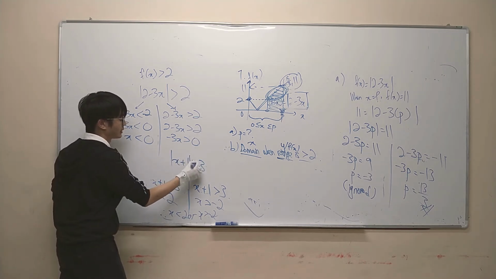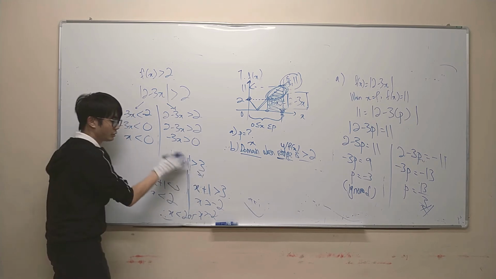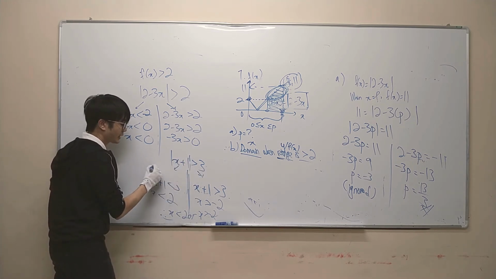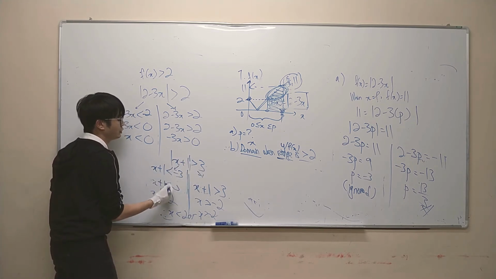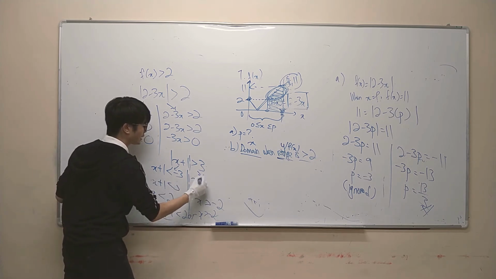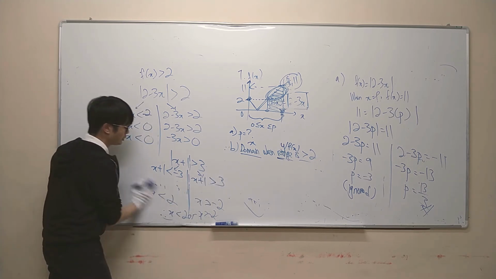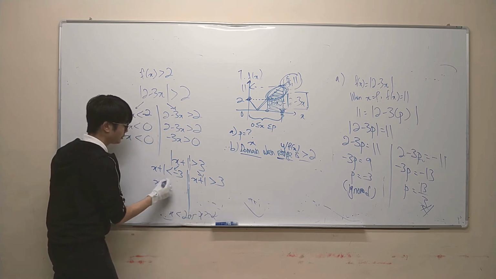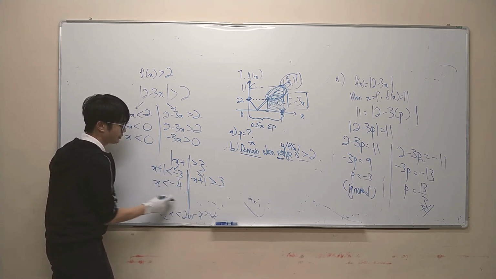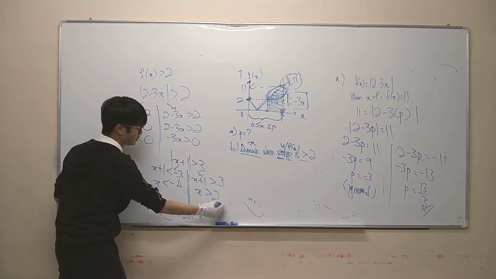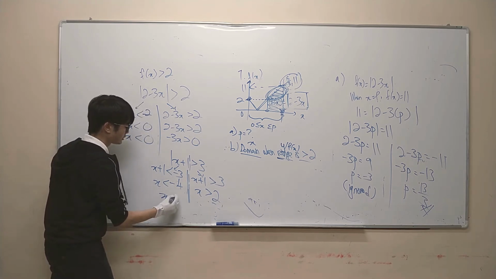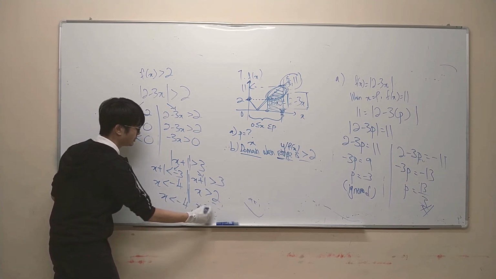So you have to divide into 2. So the first one will be what? x plus 1 smaller than negative 3, and then the other one will be x plus 1 bigger than 3. So it becomes x smaller than negative 3 minus 1 is negative 4, and then x bigger than 2. So the answer will be x smaller than negative 4 or x bigger than 2.